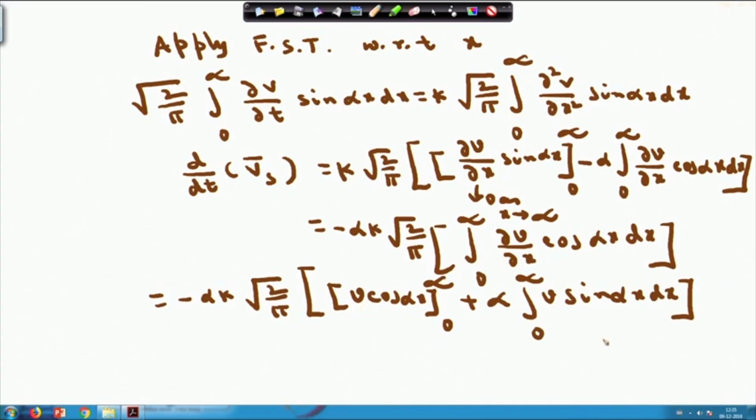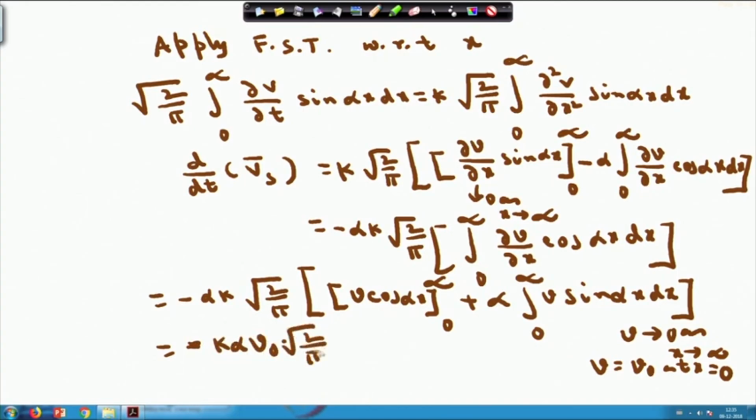Please note that v approaches 0 as x approaches infinity, and v equals v₀ at x equals 0. So the first part becomes kα v₀ √(2/π), minus kα² v̄_s.